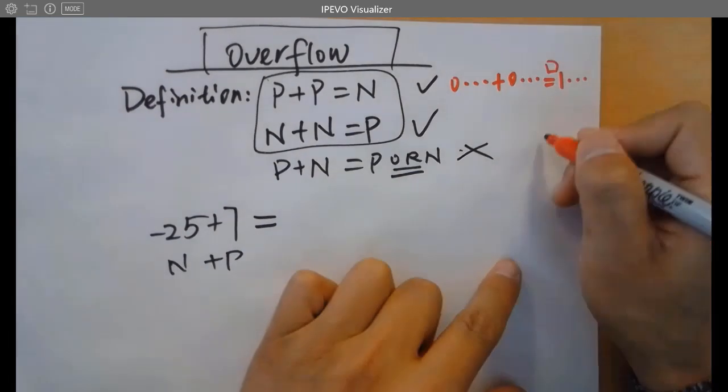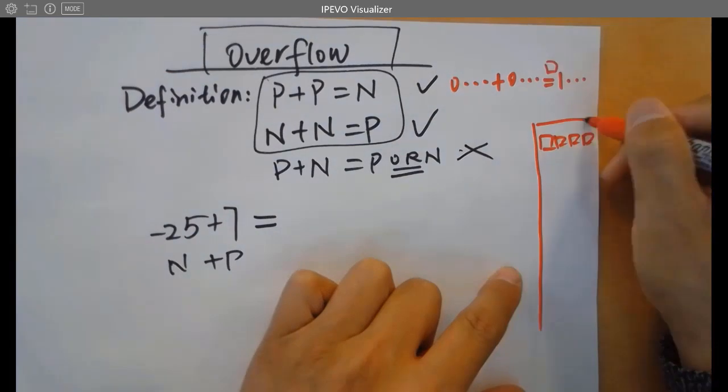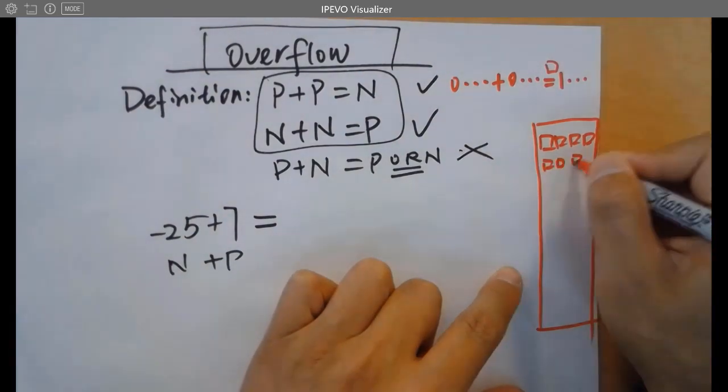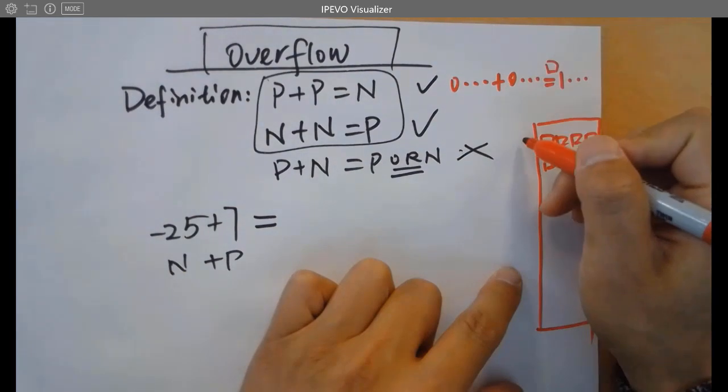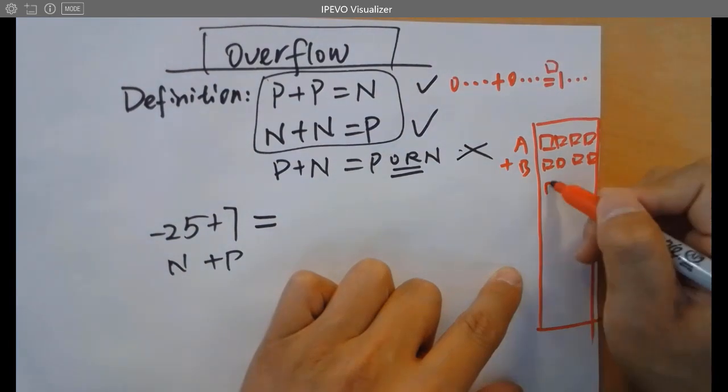So all the memory banks are 4-bit. That's a memory bank. So every row in the memory bank is a 4-bit number system. And you have A and B, A plus B, and you finally get a 4-bit result.